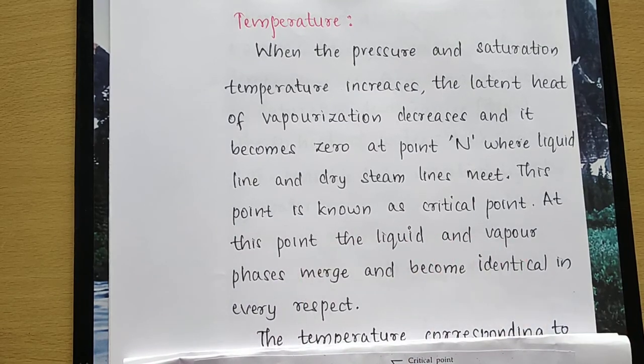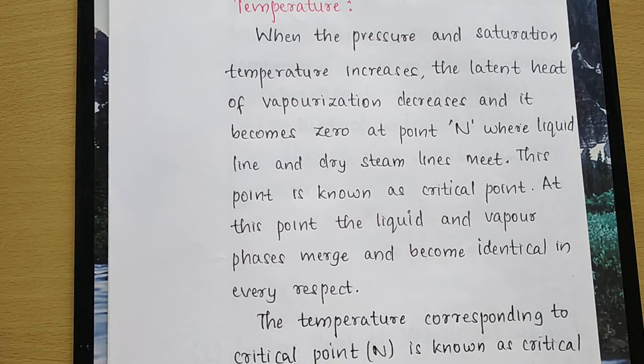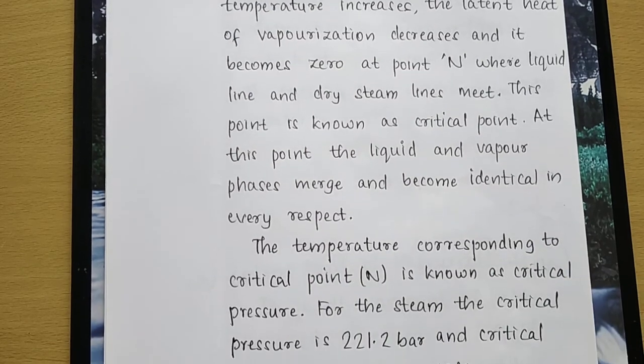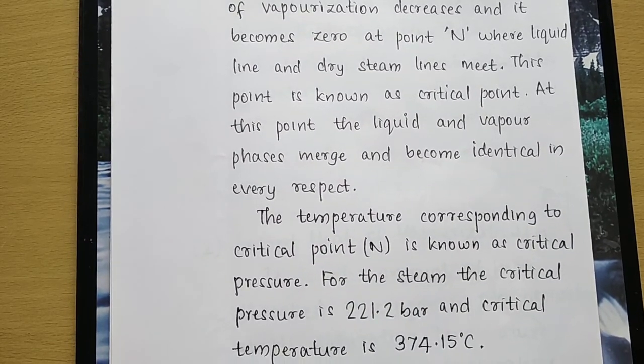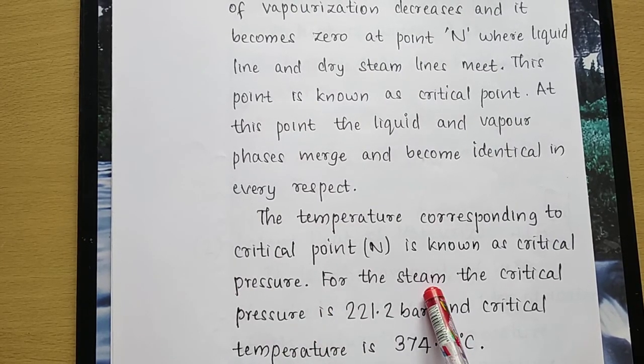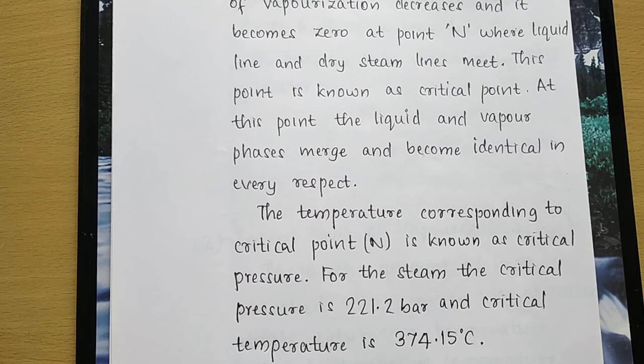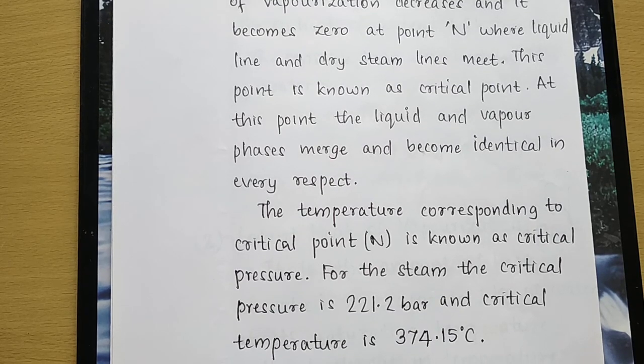At this point the liquid and vapor phases merge and become identical in every respect. The temperature corresponding to this critical point, or to this critical pressure, is known as the critical temperature. For steam, the critical pressure is 221.2 bar and the critical temperature is 374.15 degrees centigrade.